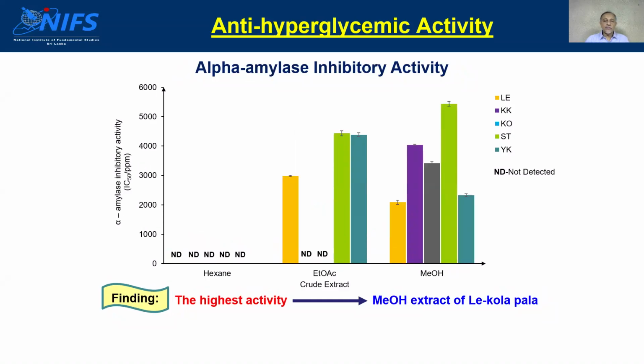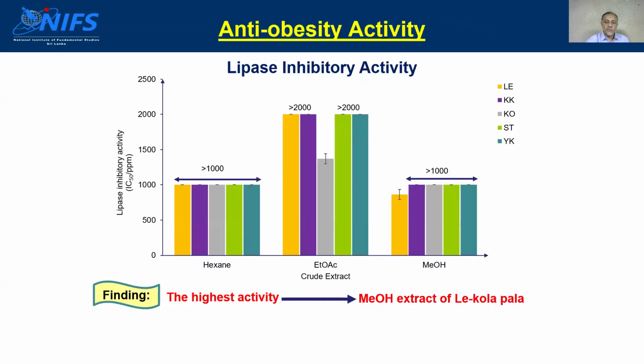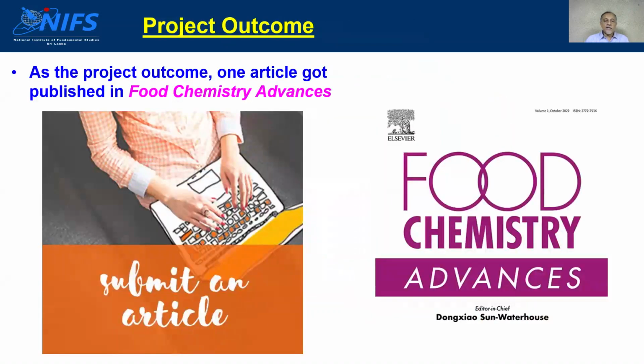For alpha amylase inhibitory activity, the highest activity was detected for the methanol extract of Licolapala. We also investigated lipase inhibitory activity of the plant extracts, and the highest was detected for the methanol extract of Licolapala. As the project outcome, one article got published in Food Chemistry Advances. It was published last year.